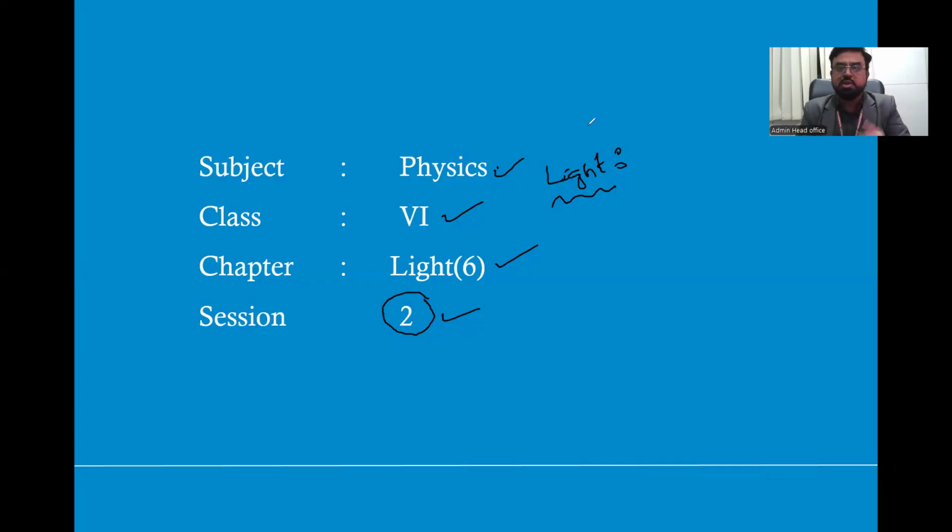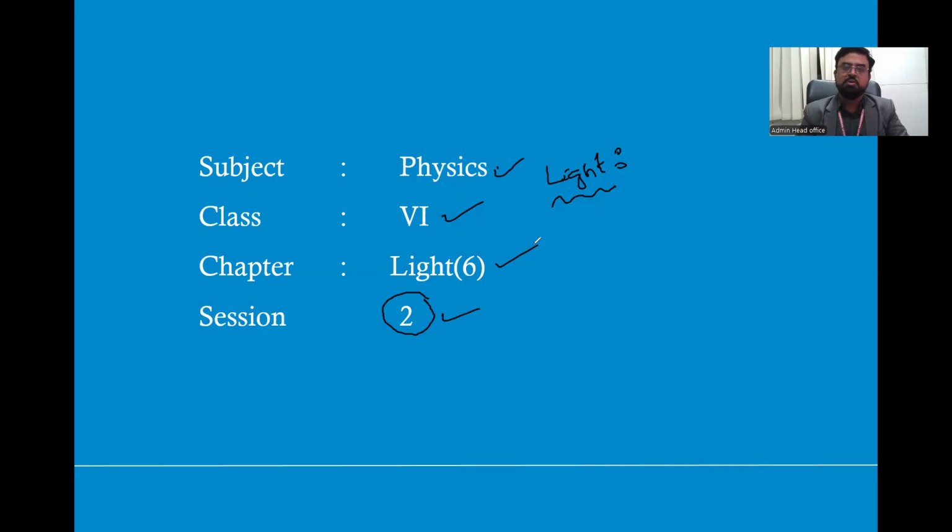When you see about energy, you know there are so many objects available. For example, collect one plastic, one glass, one paper, one butter paper, one stone, one wood. Different objects surrounding you, collect them and try to pass light through them. Out of all these objects, few allow the light to pass through them completely.